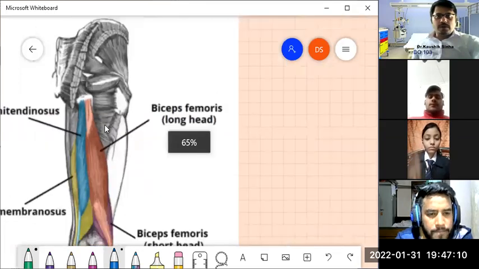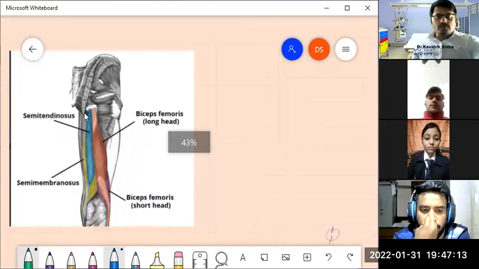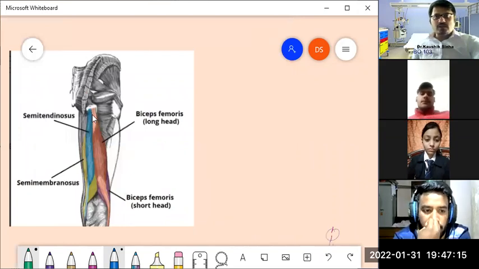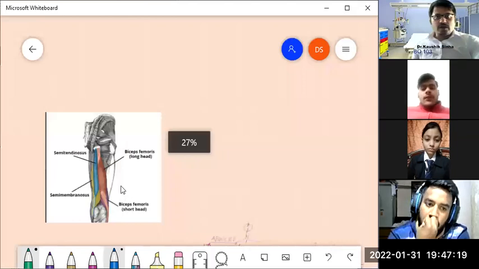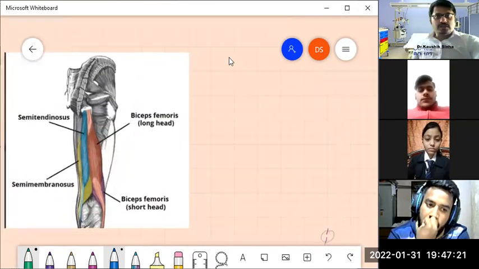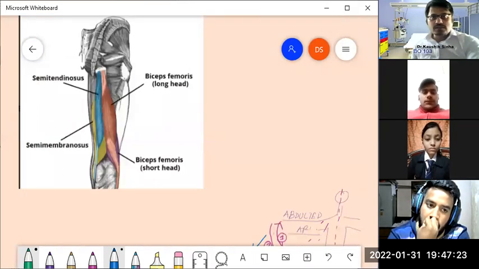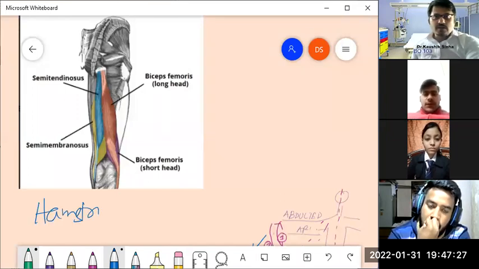Now, the muscles that continue from the spines of the hip bone down across the knee joint are collectively known as what? This collection is known as the hamstring.